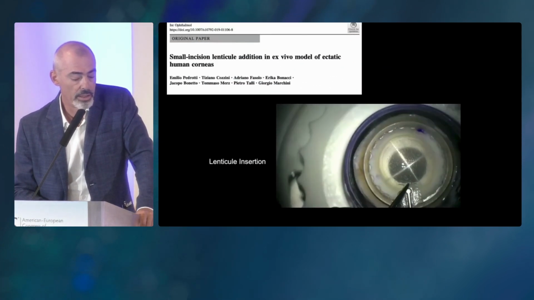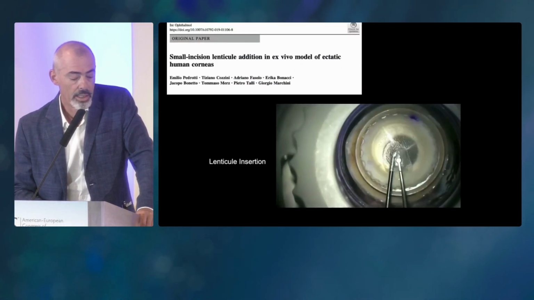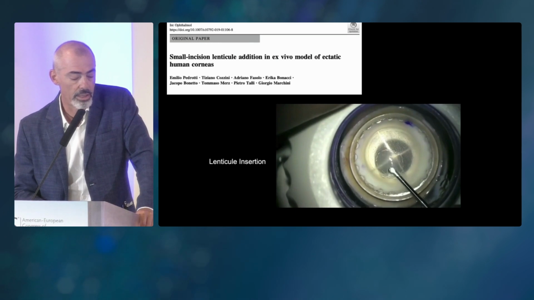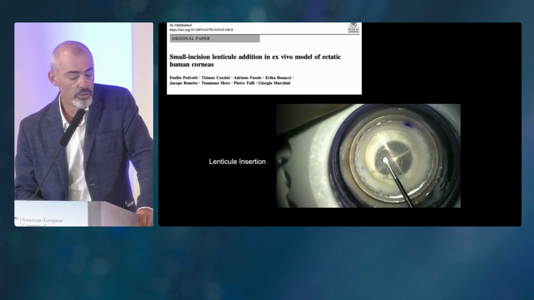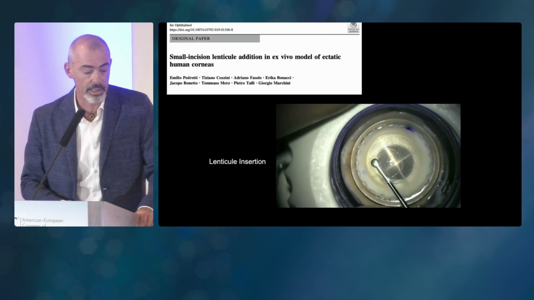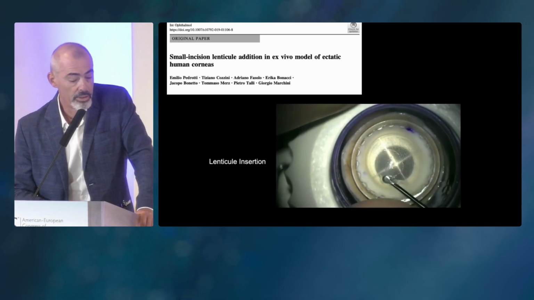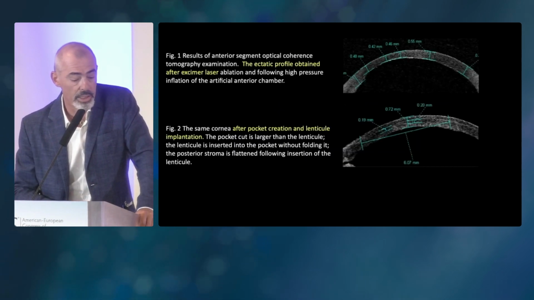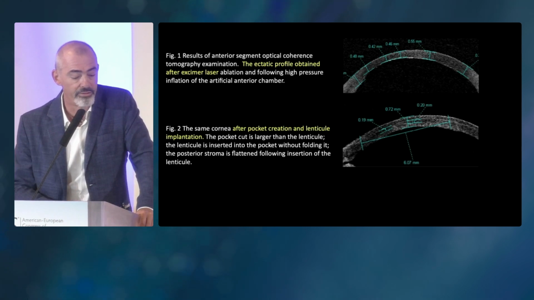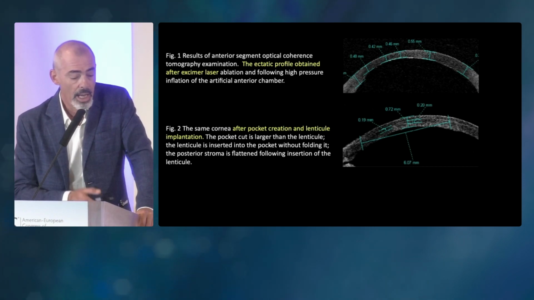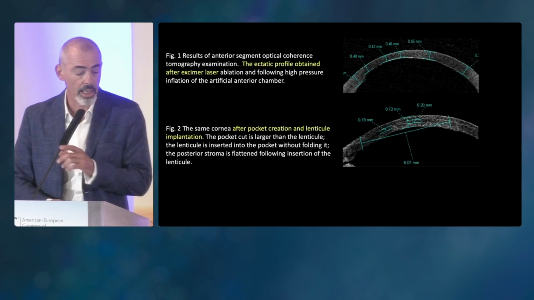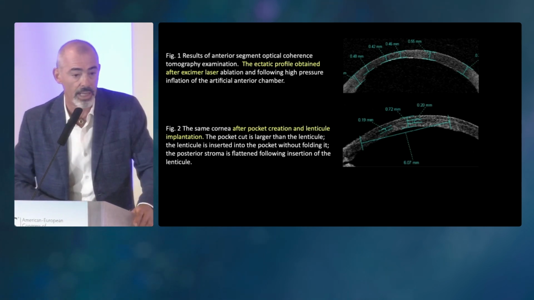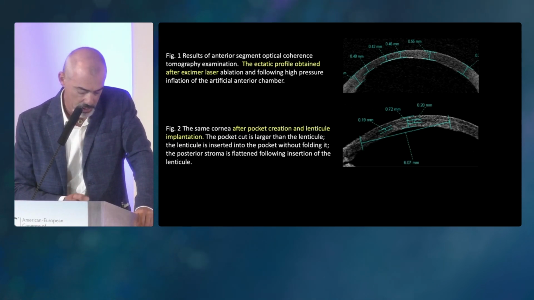We mounted the ectatic cornea in an artificial anterior chamber, and we tried to put the lenticle inside the ectatic area. Now you can see above the ectatic profile obtained by excimer, and below the same cornea after the implantation of the lenticle in the stromal pockets.